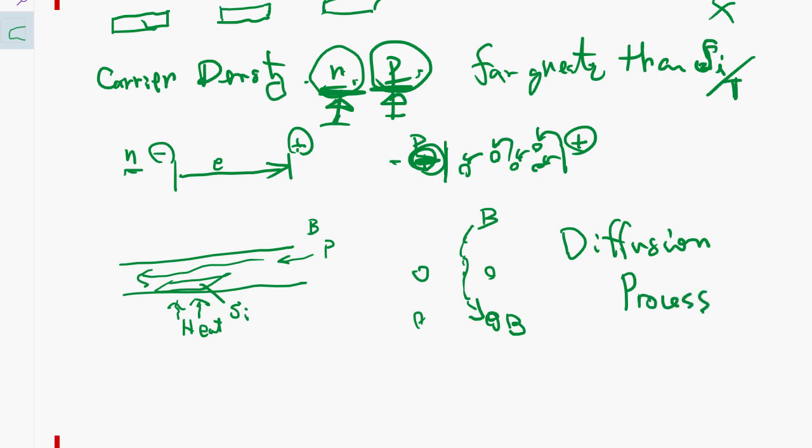Okay, so when we make a device, for example a diode, we have a silicon, we diffuse, say, N-type impurity all over.